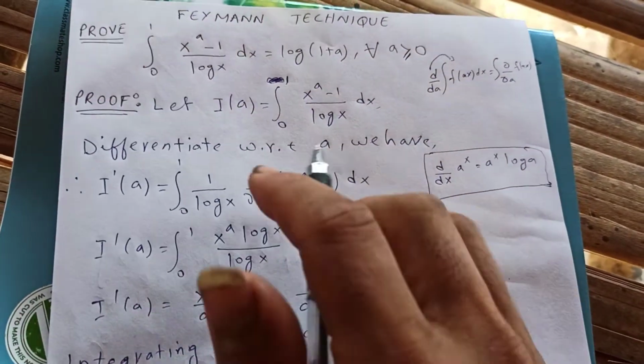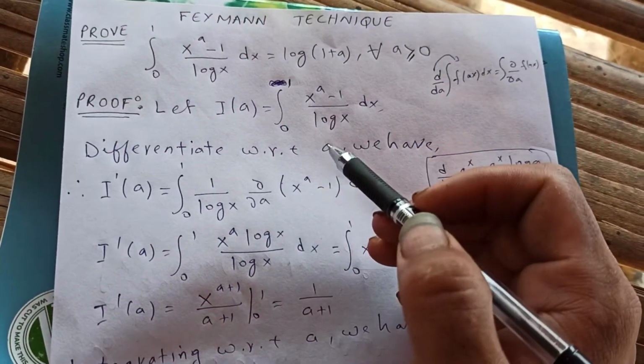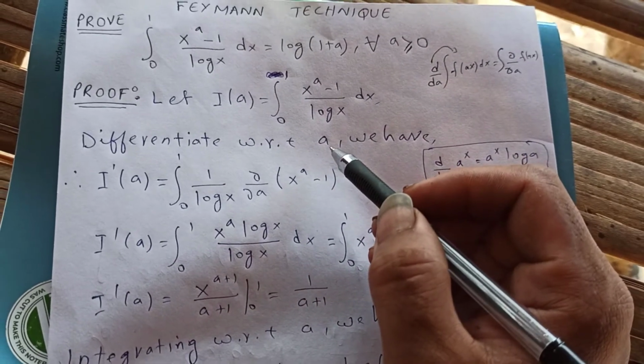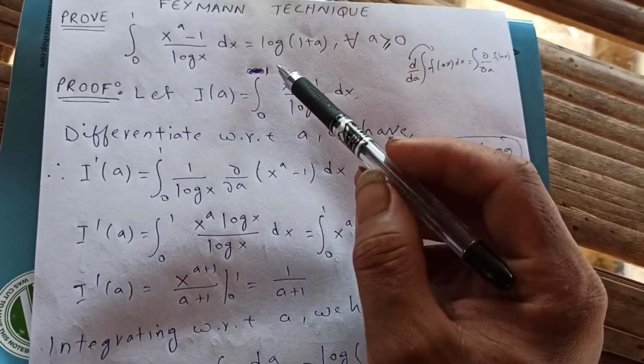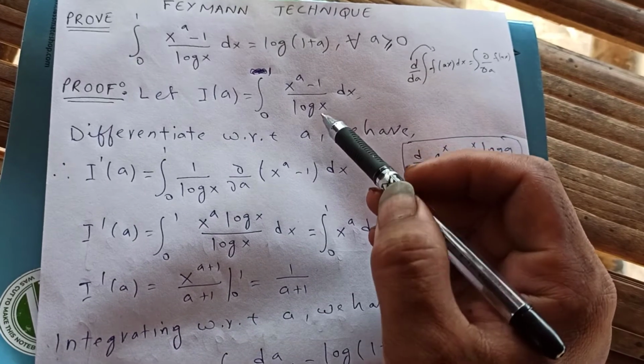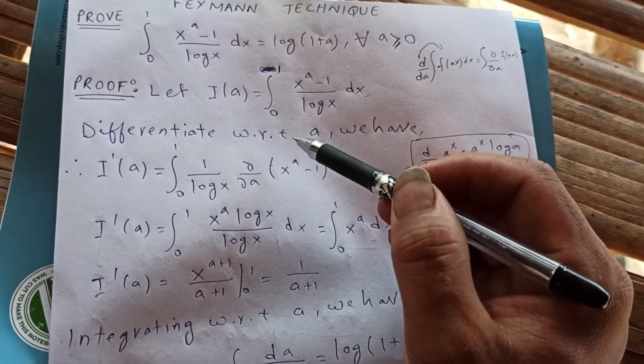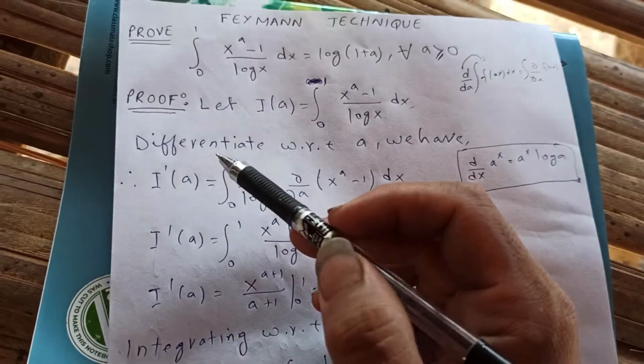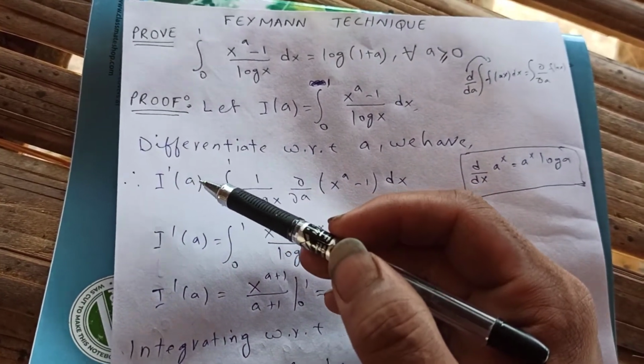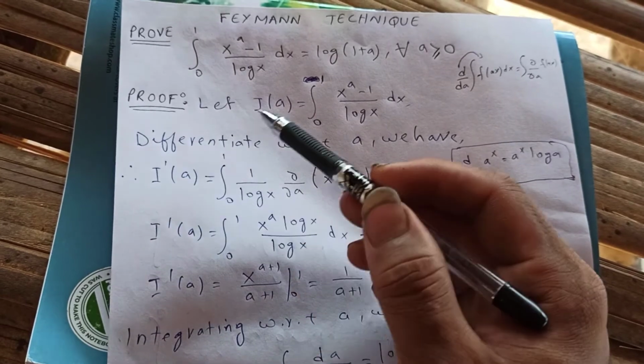So now here we have the parameter a, so let's differentiate with respect to a. The Feynman technique is actually that we are going to use a parameter, and here we choose the parameter to be a. Differentiating with respect to a, we have I prime of a, which means the differentiation of I of a with respect to a.